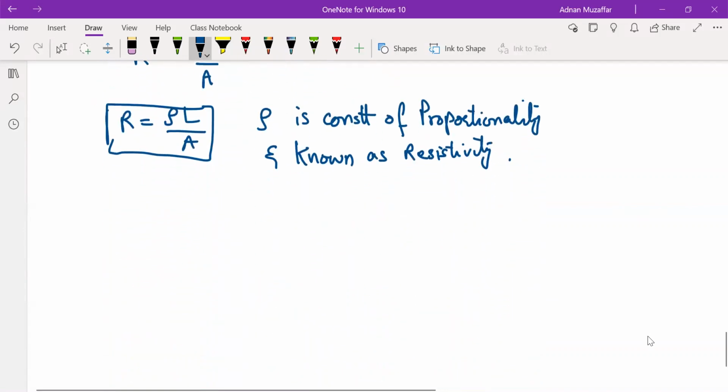One more thing which came to my mind, which you should do. Just a minute. I need to give the difference between resistivity and resistance.